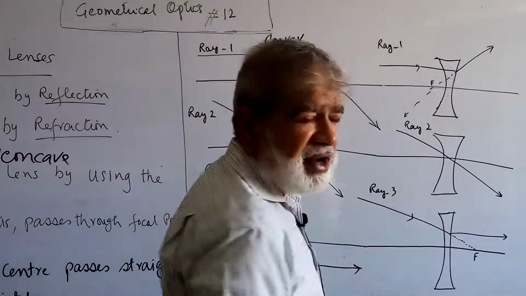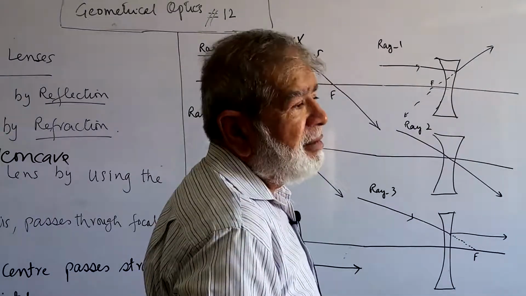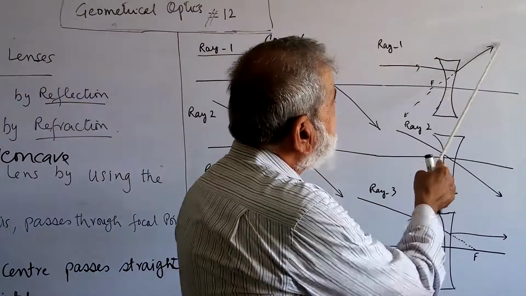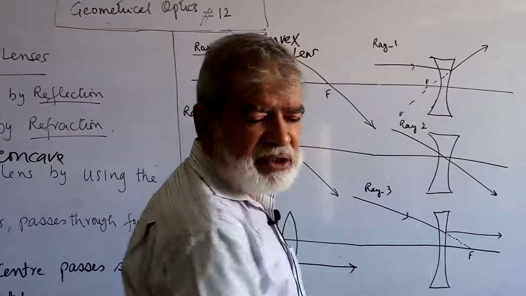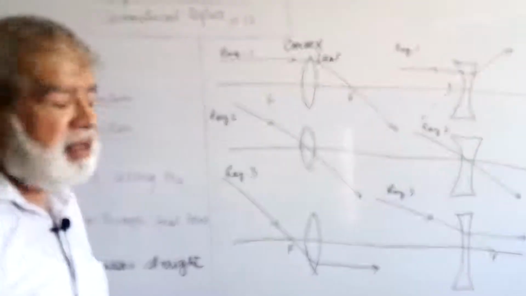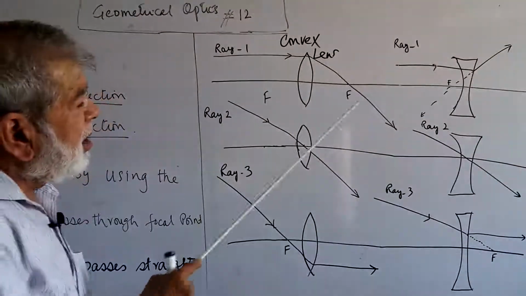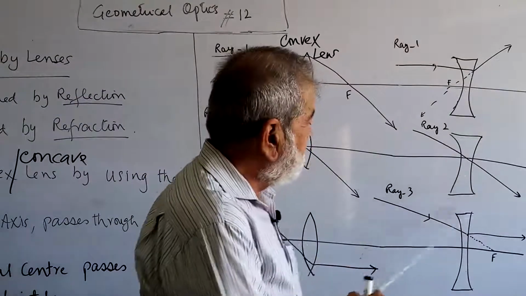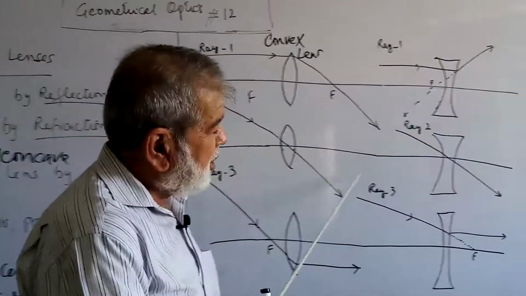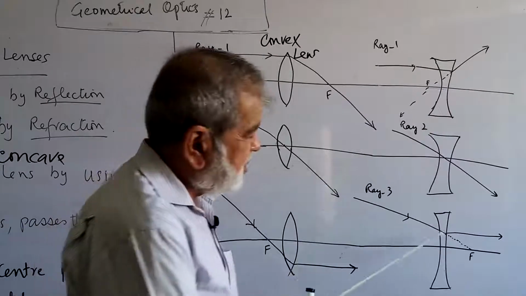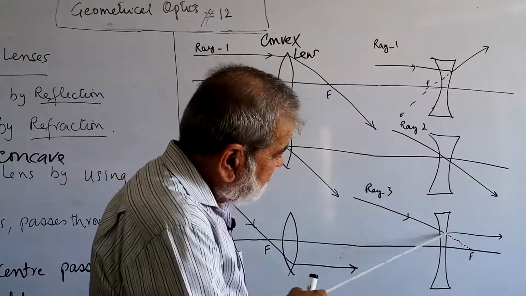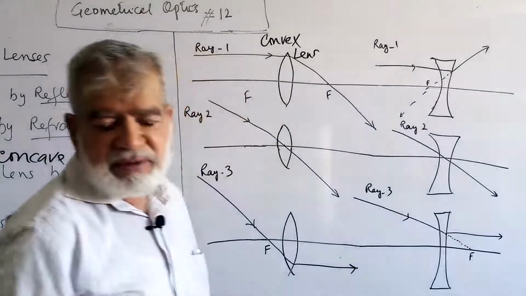Since in this case the principal focus or the focal point is imaginary, it appears to pass through the principal focus. A ray which is passing through the optical center goes straight, and a ray which is passing through the principal focus becomes parallel to the principal axis. Now it goes over here after refraction like that, and if you extend this ray, this becomes the principal focus.